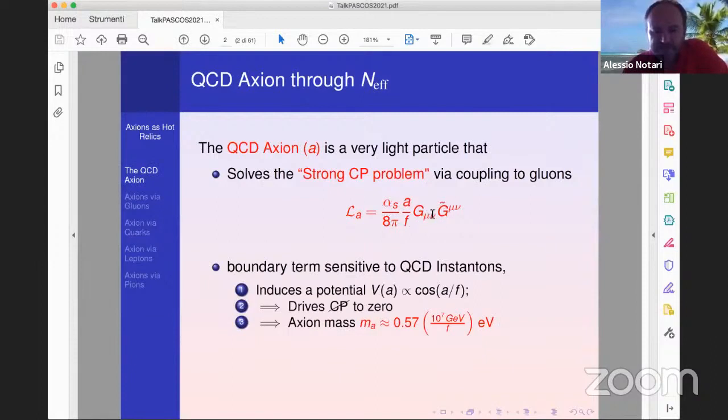As you know very well, the QCD axion couples to the gluons with this effective operator, and this produces a potential for the axion. Now the potential of course induces a mass, and the mass is related then to this coupling F. So m goes like 1 over F. Typically one shows bounds on F or bounds on the mass, and these are equivalent.